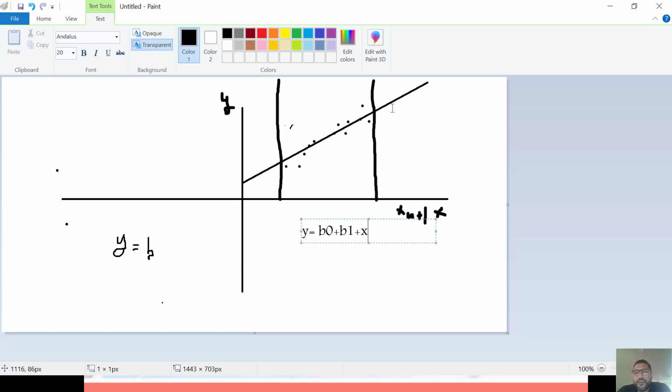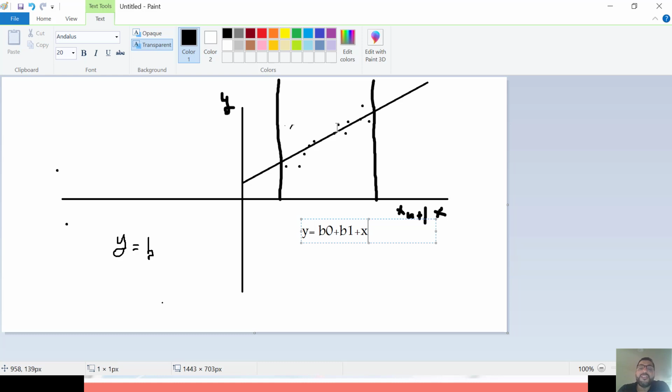But I don't know any values in this line. So basically what I'm going to do is get the average of all of the x's and all of the y's, and this average point should be one of the points that achieves the equation of the line.